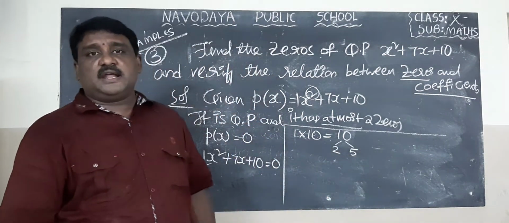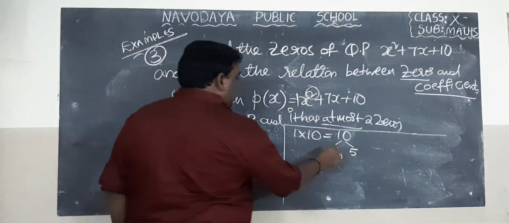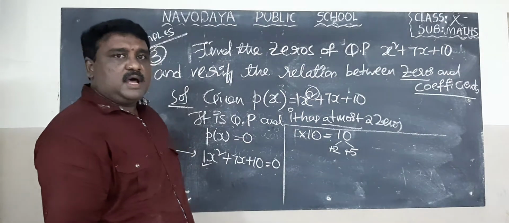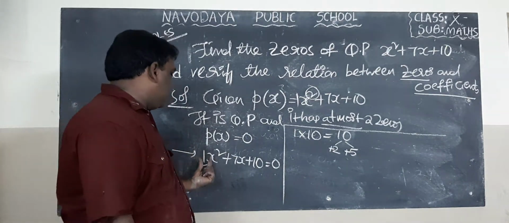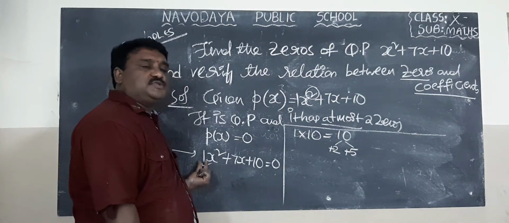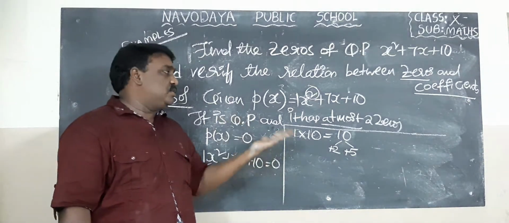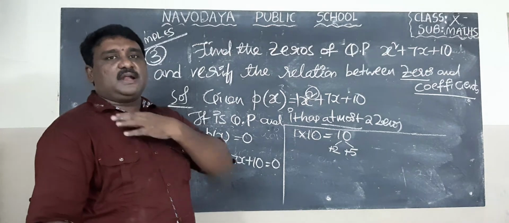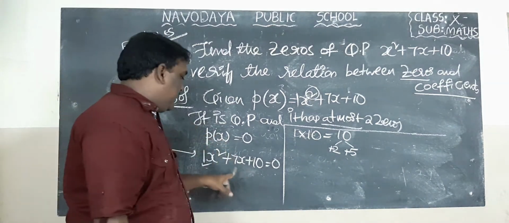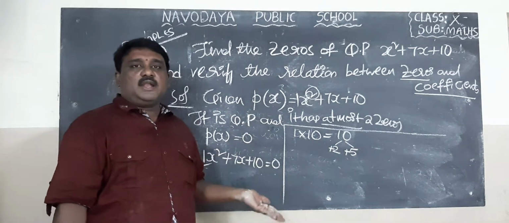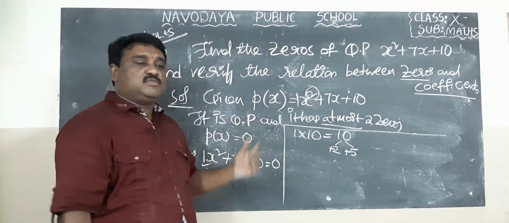By adding 2 and 5, what we get? 7. The 1 is known as the coefficient, and 10 is the constant. So plus 2 plus 5 becomes plus 7.